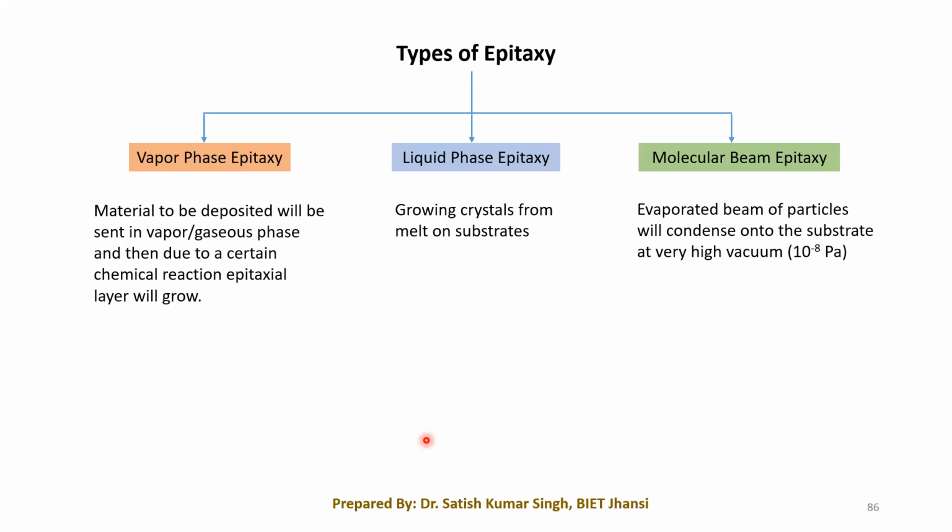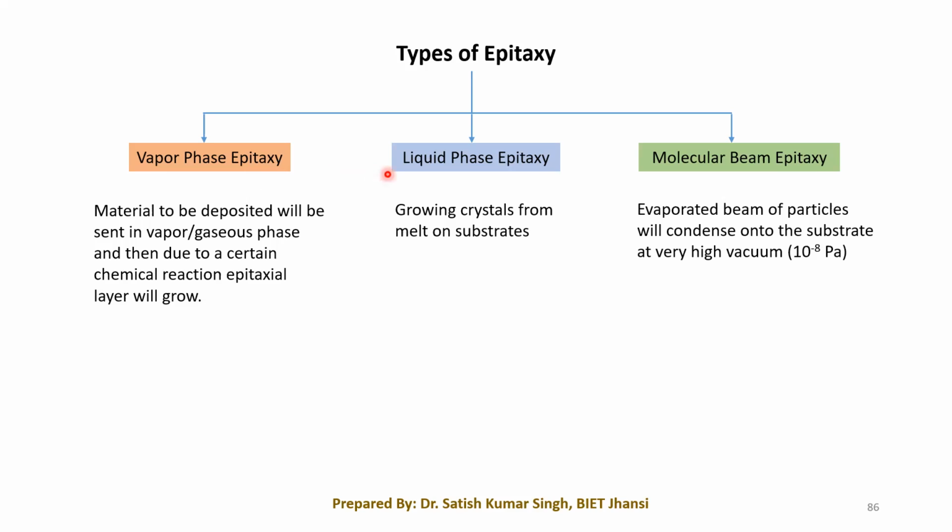Whatever source we take to deposit a particular layer, if that source is in the form of vapor, since it is chemical vapor deposition as we said, in gaseous or vapor form, and it is transported to the reaction chamber and makes a certain reaction and deposits a particular layer, then it is called vapor phase epitaxy.